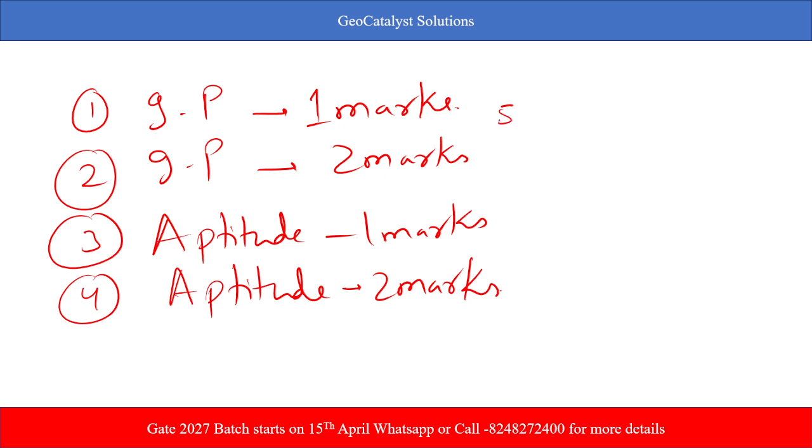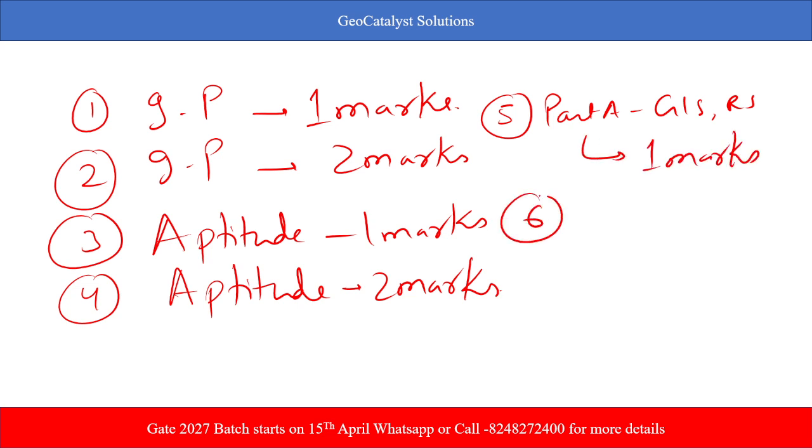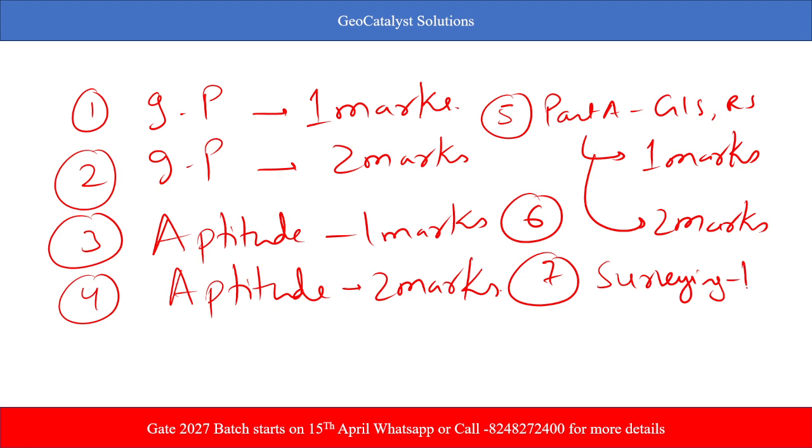Then part A, that is GIS, remote sensing etc., 1 marks. Then this 2 marks. Then surveying 1 marks and surveying 2 marks.